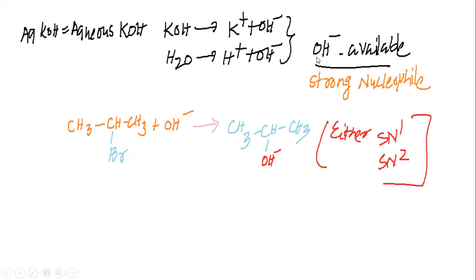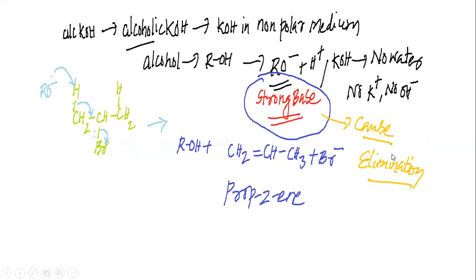So OH- is available for the attack. OH- is a very strong nucleophile. That is why on 2-bromopropane, OH- makes the nucleophilic substitution reaction and we get 2-propanol. This 2-propanol may be obtained either by the SN1 reaction or SN2 reaction.